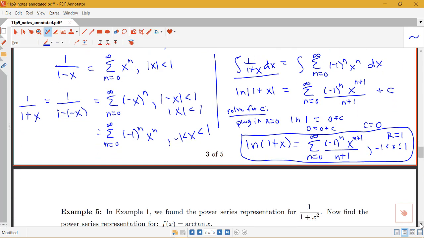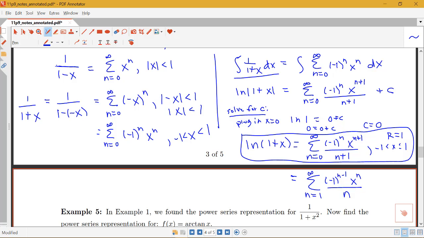Oftentimes this is just indexed slightly differently. So I just want to note that you'll probably see this expressed in the book as a sum from n equals 1 to infinity with negative 1 to the n minus 1, x to the n over n. So notice here when n is 0, I would have a positive power here.